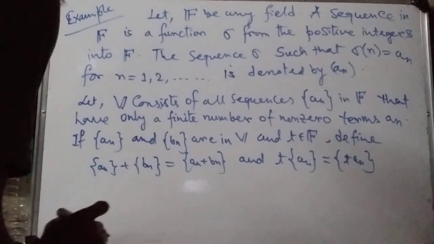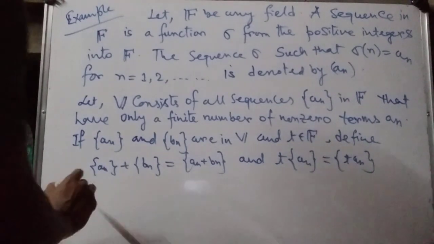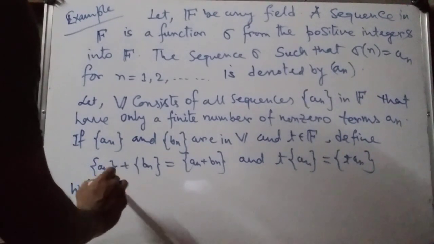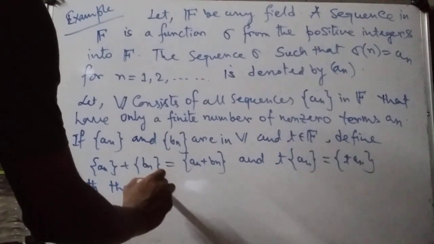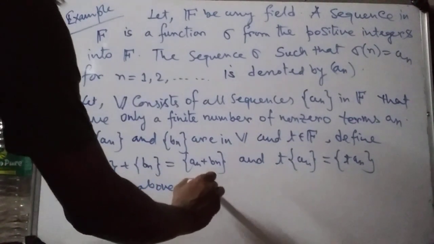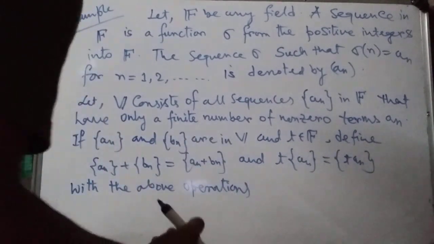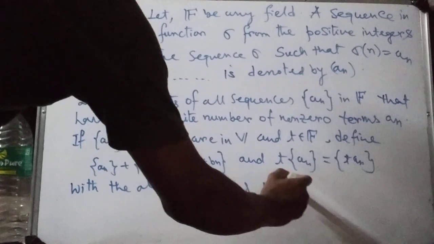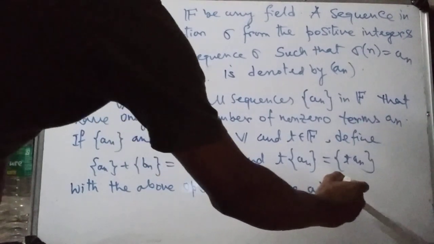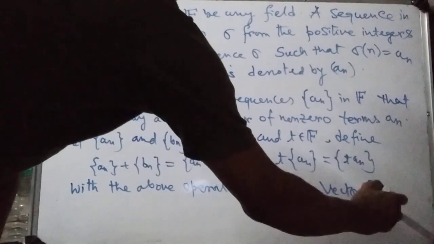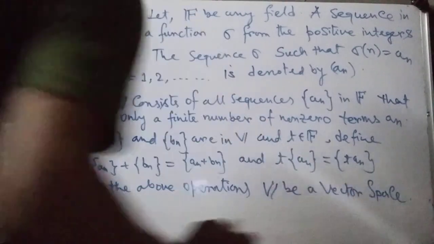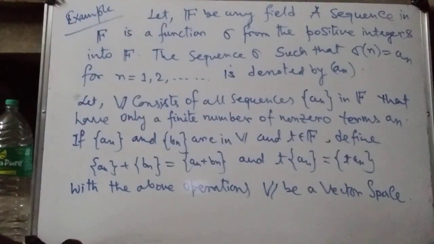With these operations, V is a vector space with the above operations.